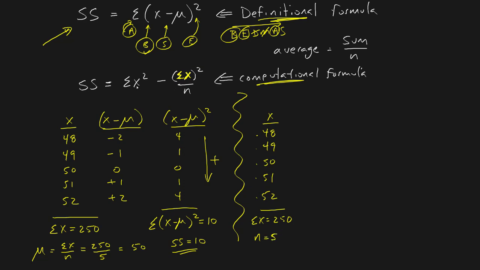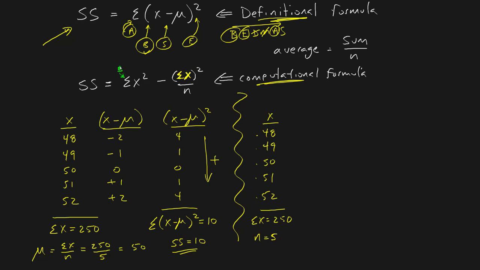And finally, I need to know the sum of x squared. Well, now this one you have to be careful about. Just like up here where we did order of operations to figure out which order to perform all these operations in, when I have the sum of x squared, I've got two things going on. I've got summation, that's addition.